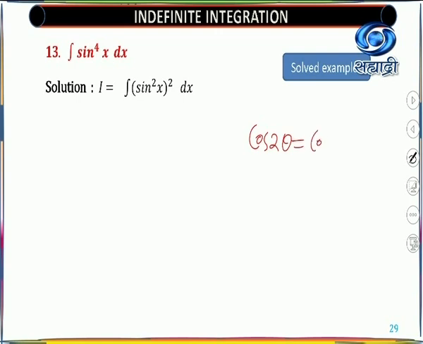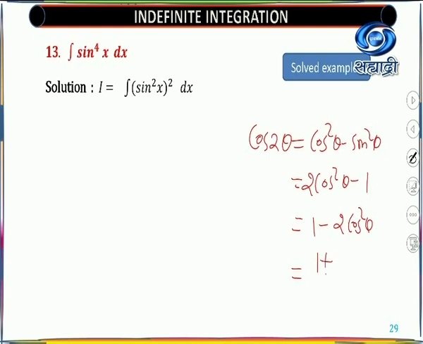What are the identities? Cos square theta minus sin square theta. The other is 2 cos square theta minus 1. Then you have 1 minus 2 sin square theta. And the last one is 1 minus tan square theta upon 1 plus tan square theta. These are the identities for the multiple angle cos 2 theta.